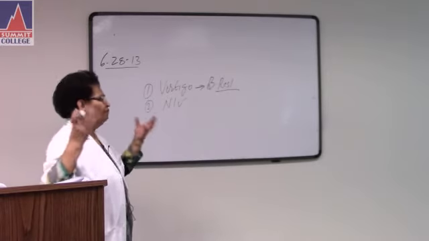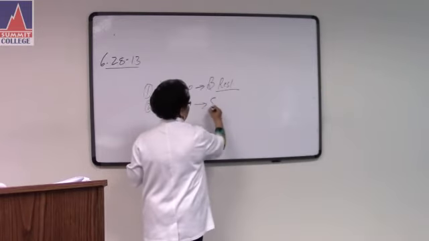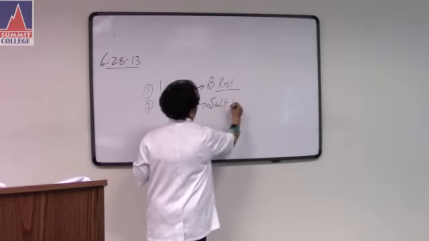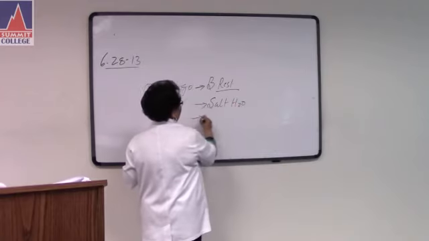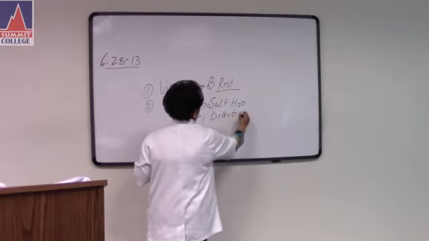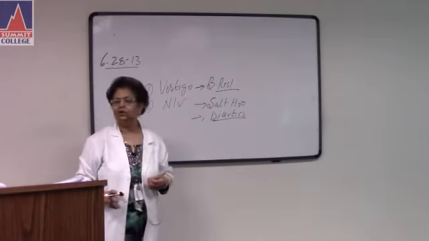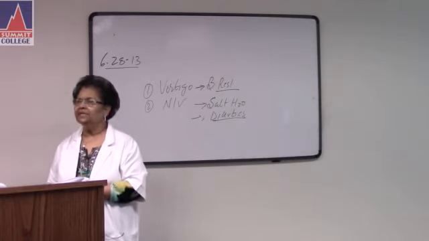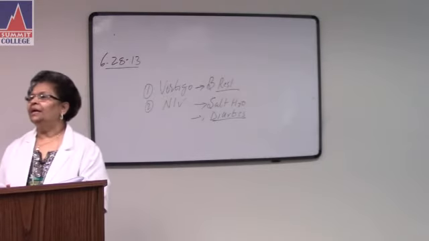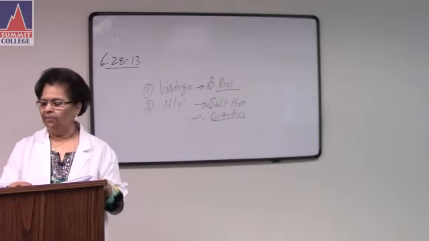Because it's too much fluid. Anytime we have fluid, remember the salt and water. What medication can they give them? Diuretics. They can give them diuretics, and you restrict salt and water. So Meniere disease is too much fluid in the ear, which is building up and leading to hearing problems.